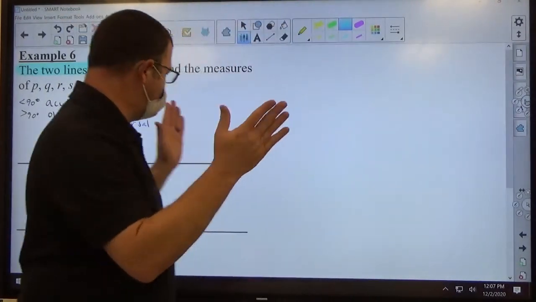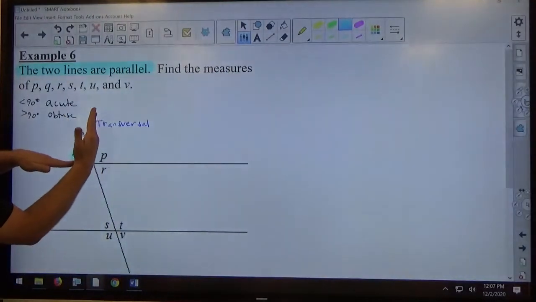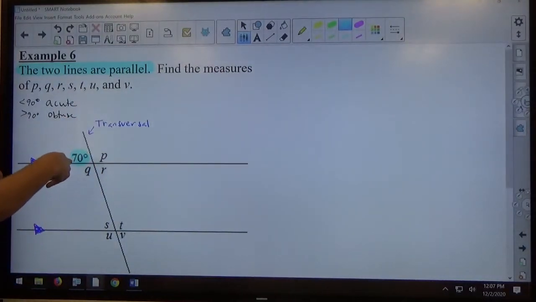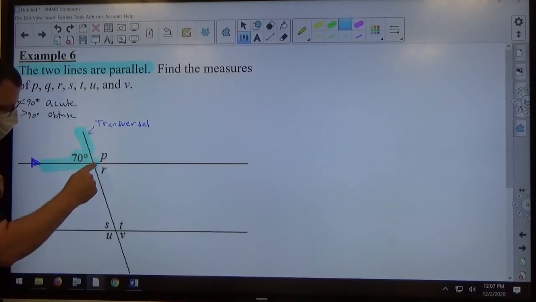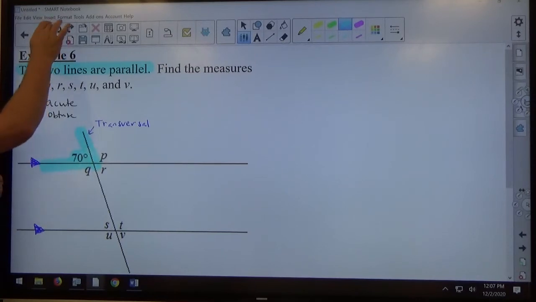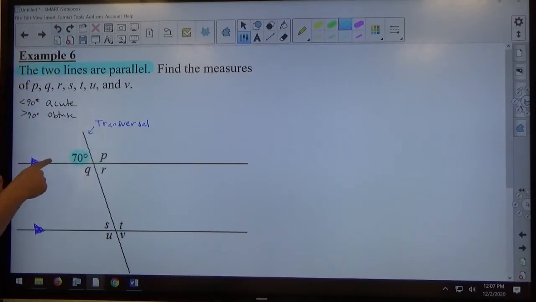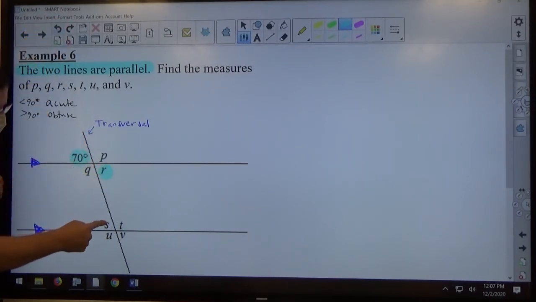So if you take a look at the picture, there's 90, and less than 90. Obviously 70 is less than 90. We can see the number, right? But just looking at the picture, I'm looking at less than 90. So the acutes: that one's acute, that one's acute, that one's acute, that one's acute. All the acute measures are the same.